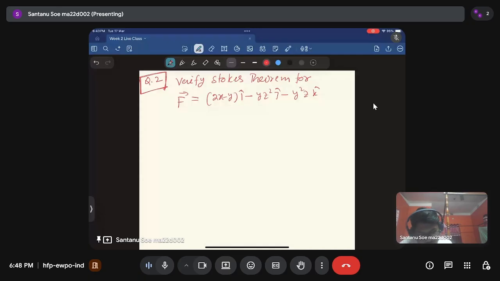I think this theorem was already stated in these week's classes.